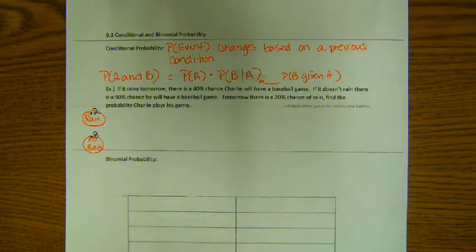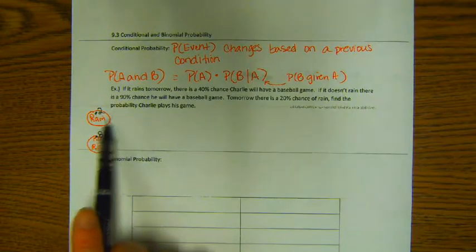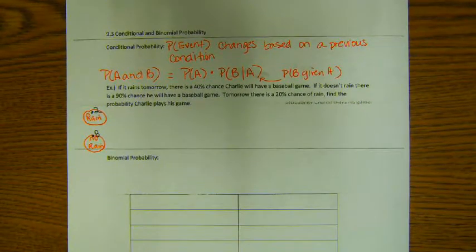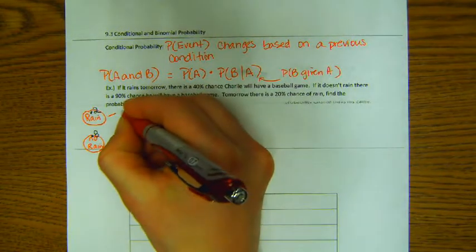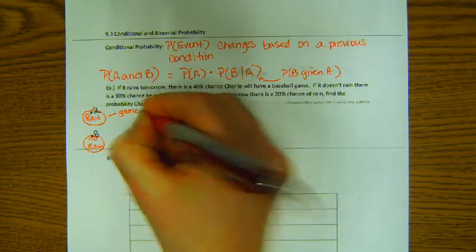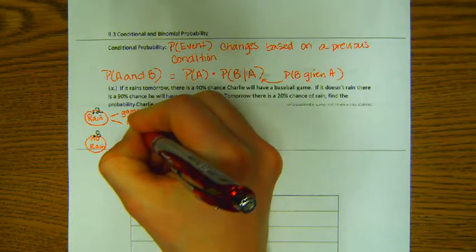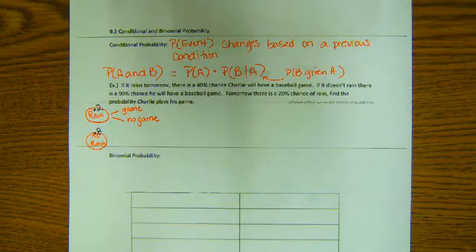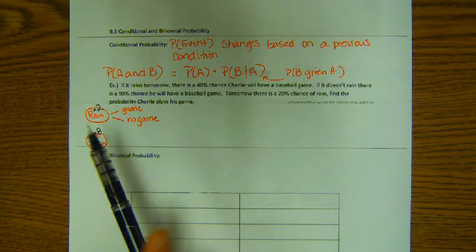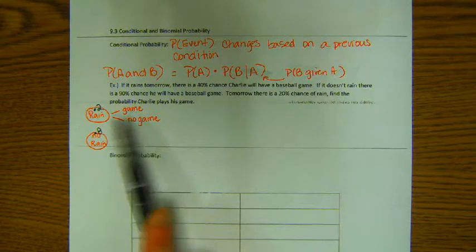Then, if it rains, we have to take two scenarios from that. If it rains, it's possible there will be a game, and it's possible there will be no game. Okay, and so what I'm going to do then is write the probabilities of this conditional probability on the little line that goes towards it.